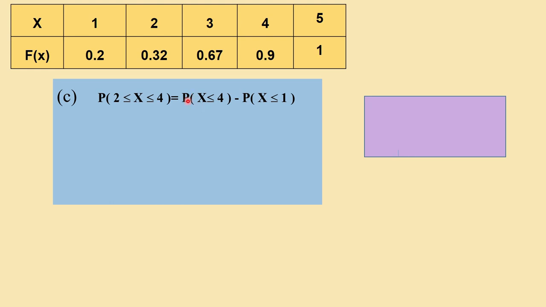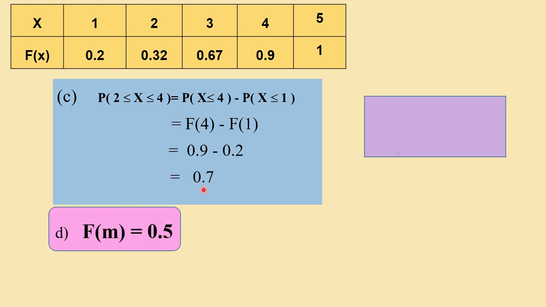So the formula is probability at less than or equal 4 minus probability at less than or equal 1. So we can write it as capital F4 minus capital F1. So you get capital F4, 0.9, capital F1, 0.2, and the answer is 0.7.